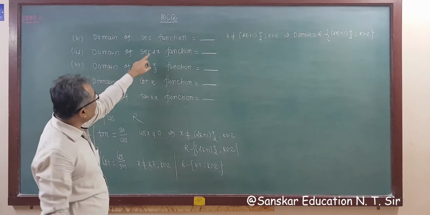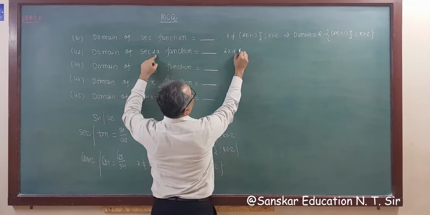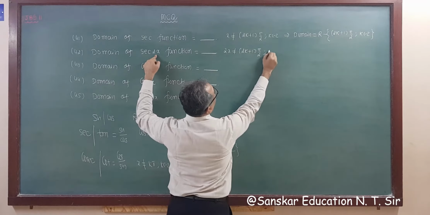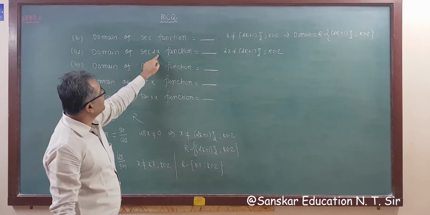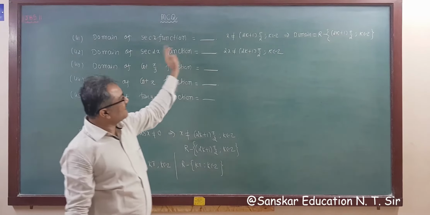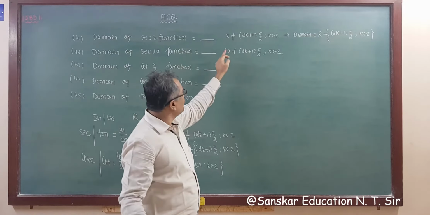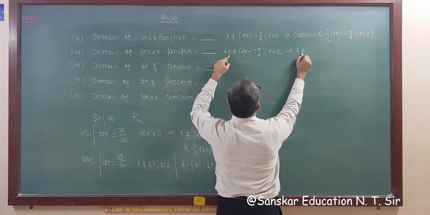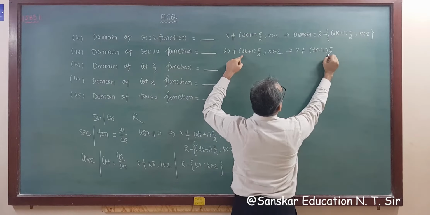Now here it is given sec 2x, means 2x is not equal to (2k+1)π/2, k belongs to Z, right? Instead of x, here is given 2x. So we have to make x the subject. So dividing by 2, what we get? This implies x is not equal to (2k+1)π/4.